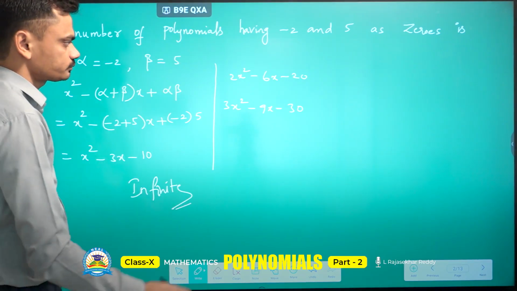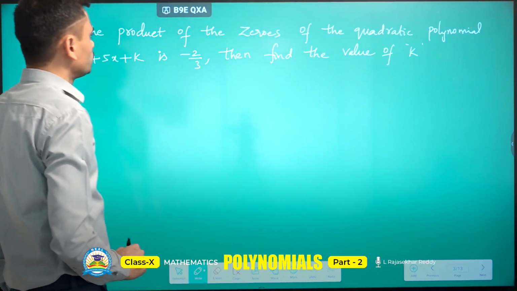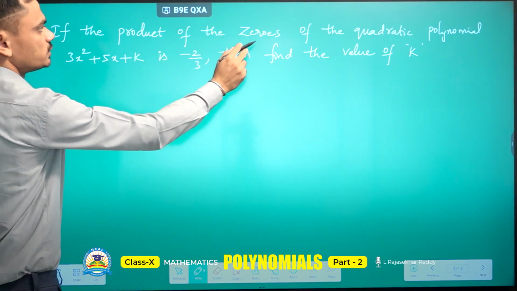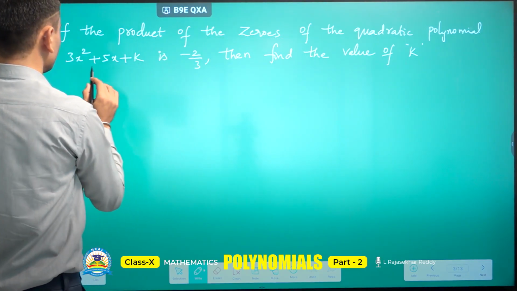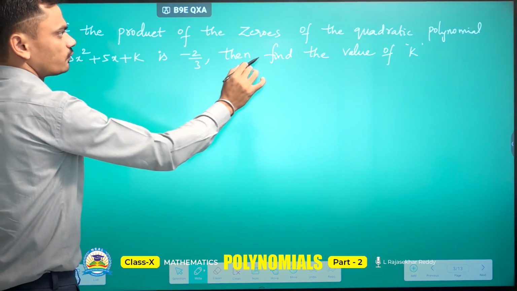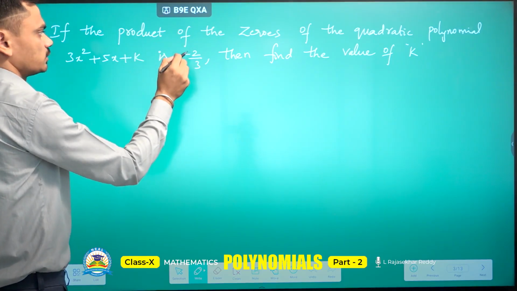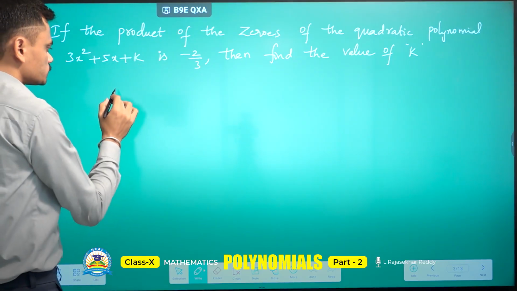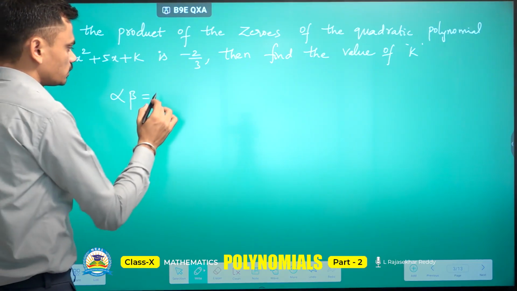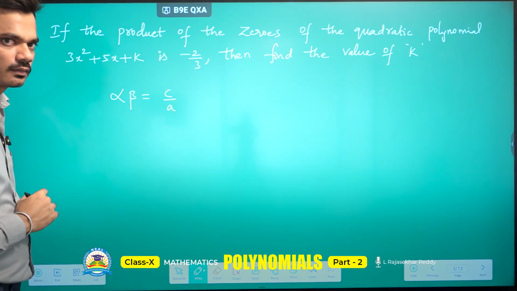Okay. Next, there is one more question. If the product of the zeros of the quadratic polynomial 3x² + 5x + k is -2/3, find the value of k. Here they have already given the product of zeros. Product of zeros is alpha into beta, and we know that is c/a.